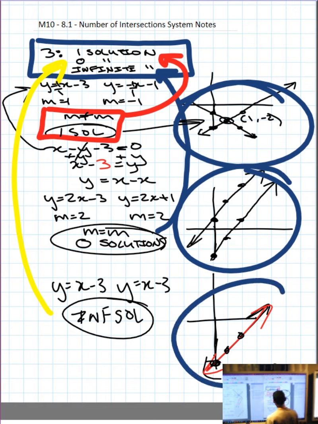And the last case, if they're the same line, then we have infinite solutions. So one, none, and infinite solutions. Okay, so now we're going to take a look at a little bit more on points on a line, and then go into the algebra in the next chapter, solving for the intersection point, if there is one.